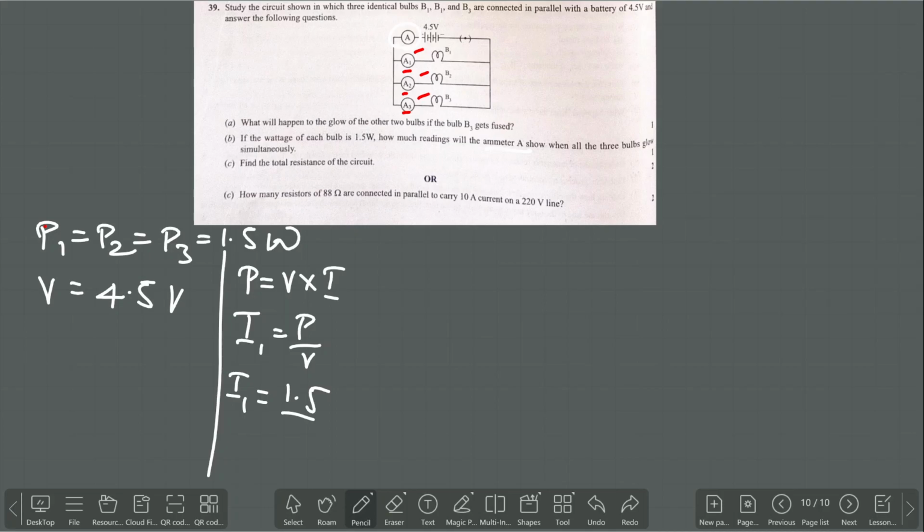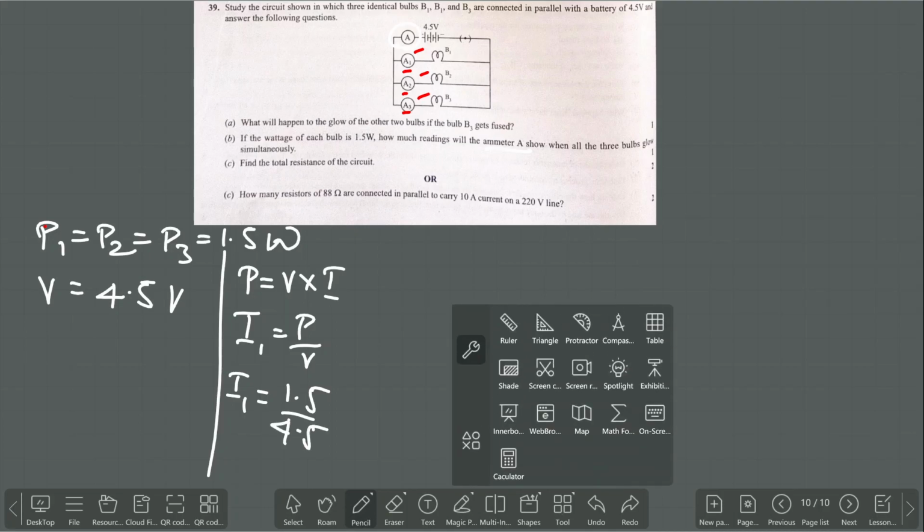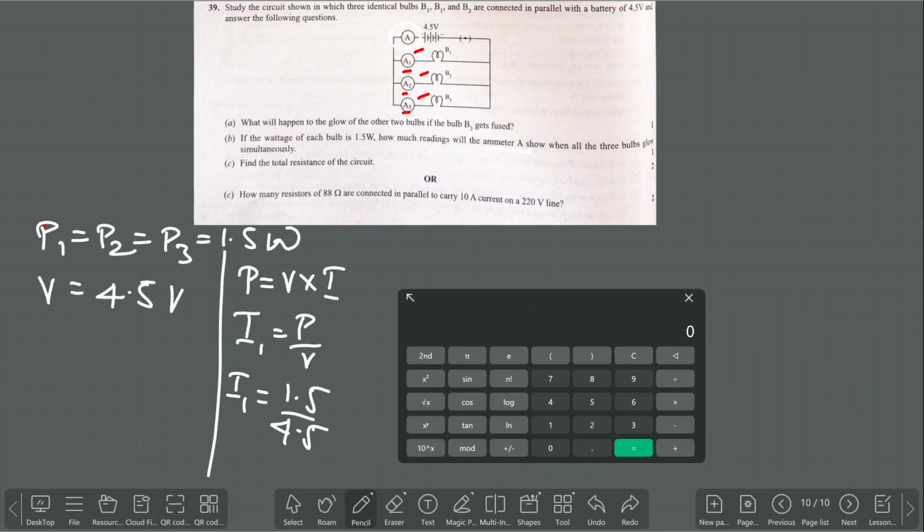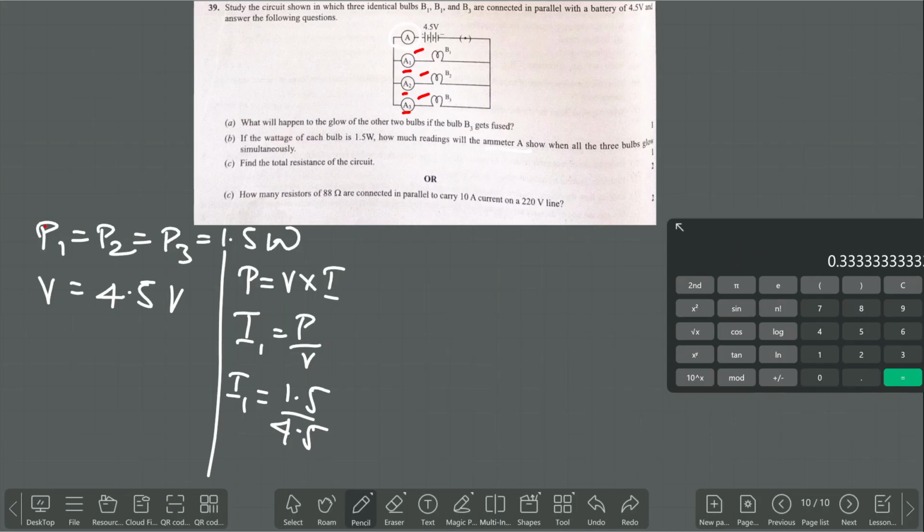And what is the value of V? 4.5. Now divide these two numbers. 1.5 divided by 4.5, so current I1 is equal to 0.333 ampere.